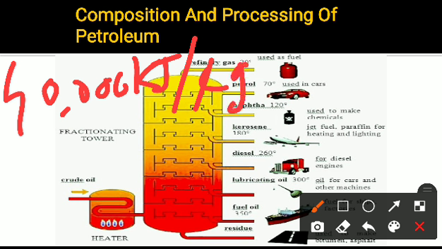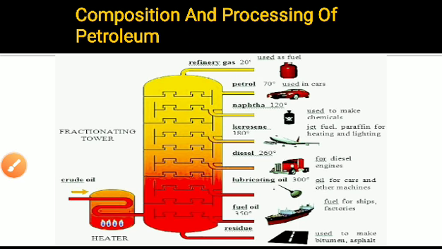Petroleum is a complex mixture of various hydrocarbons. It includes saturated, unsaturated, cyclic and aromatic hydrocarbons. The crude petroleum is a thick viscous oil having a color from green to reddish brown to dark brown.